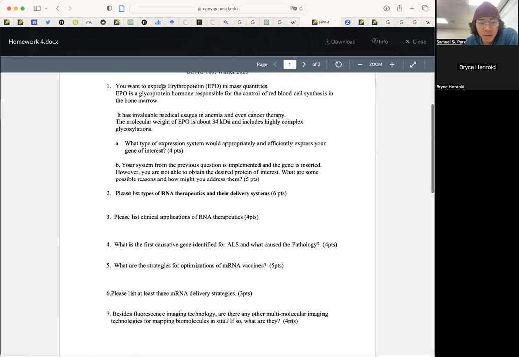So you want to express erythropoietin, EPO, in mass quantities. EPO is a glycoprotein. Do you know what a glycoprotein is? It has links of oligosaccharides in it.